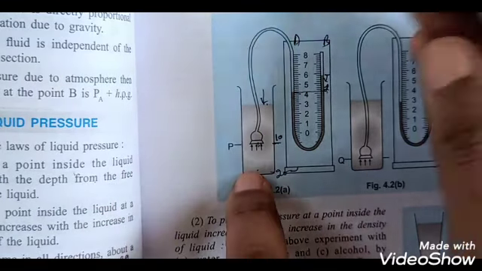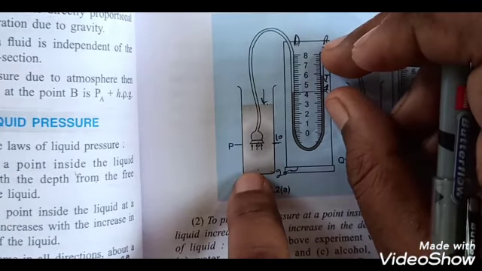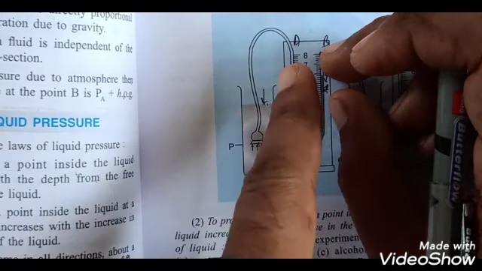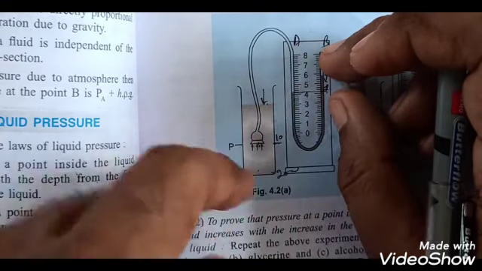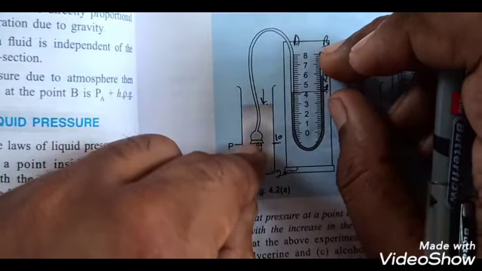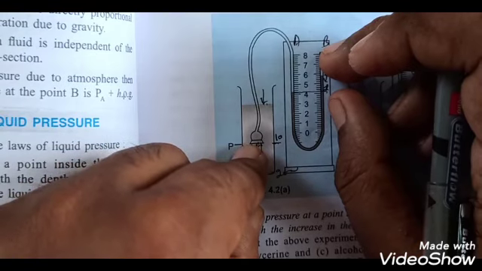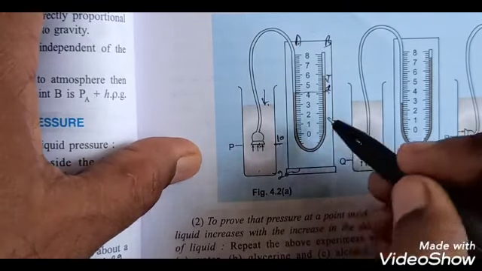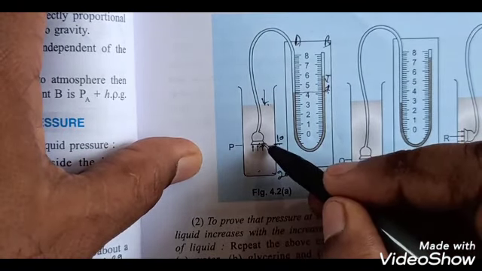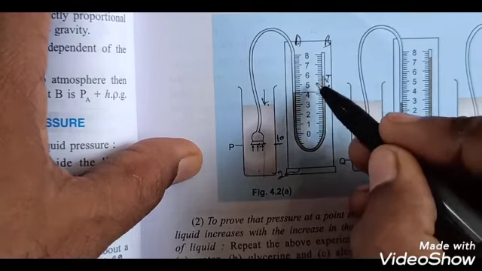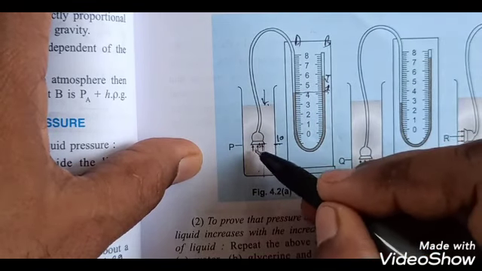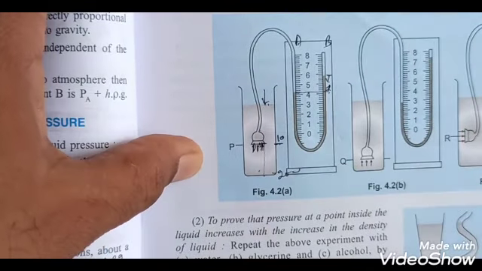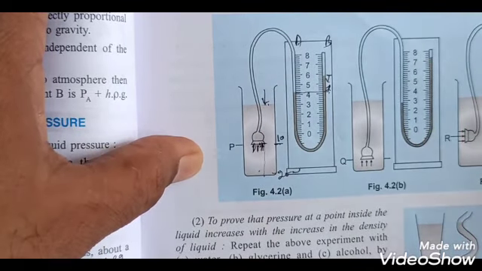It means if depth is more, this manometer shows that pressure is also more in A limb, and that pressure is because of the depth only. Do you understand? So this first experiment proves that if we increase the depth of the funnel, the pressure acting upward on the balloon of the funnel also increases. Clear? So the first law is proved.